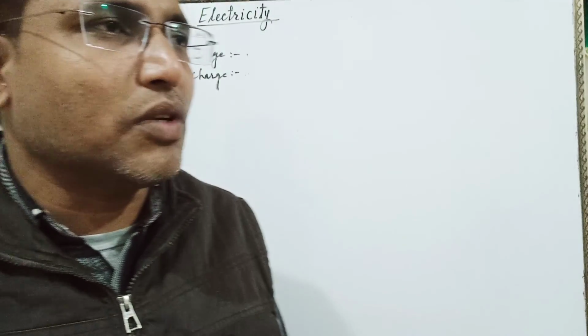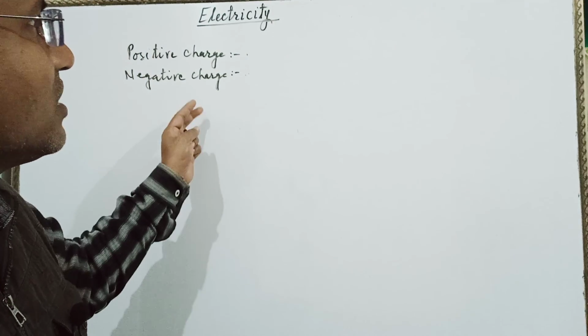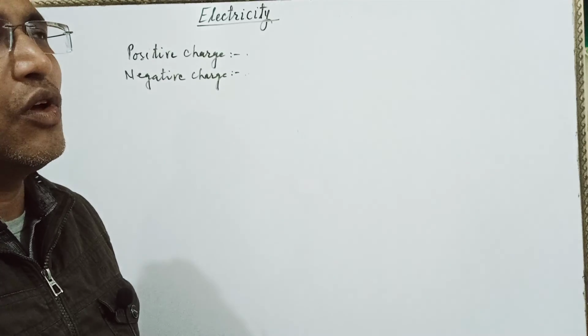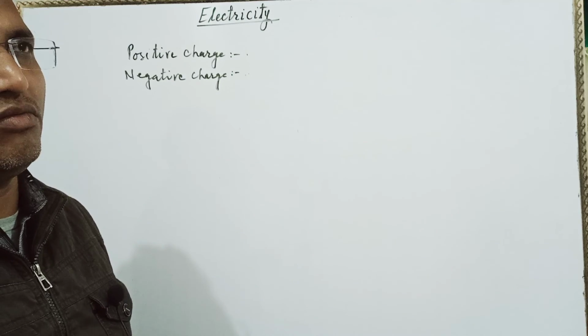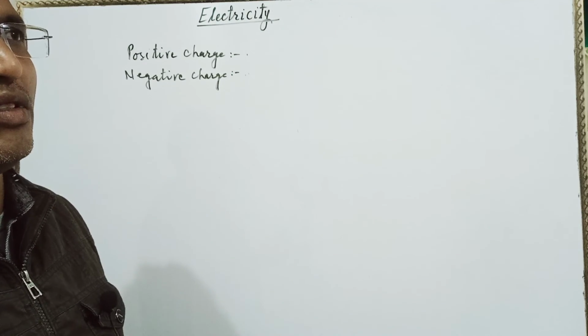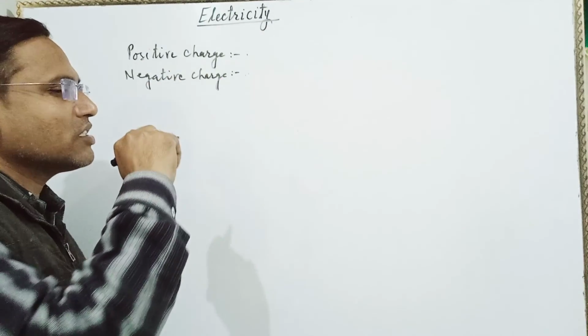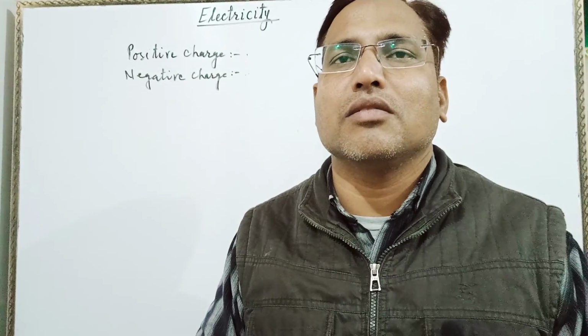In our class 10 electricity chapter, we will see that electric current is because of the flow of electrons. When these electrons flow, they constitute the electric current. The charge is the fundamental property that is constituting the electric current.